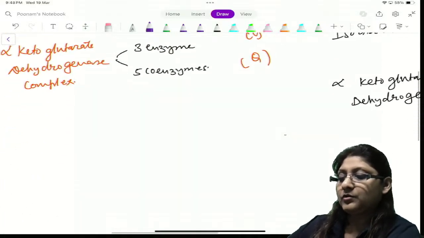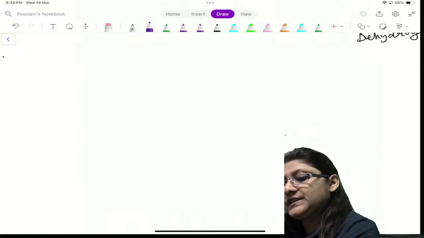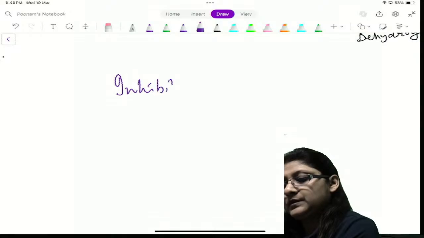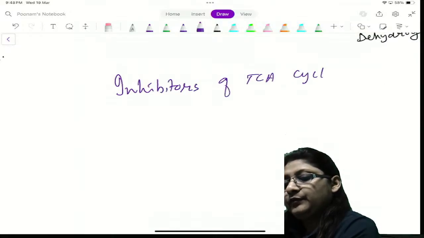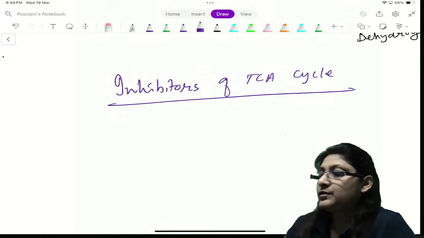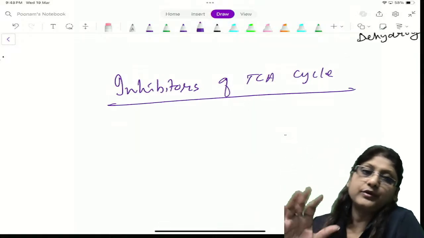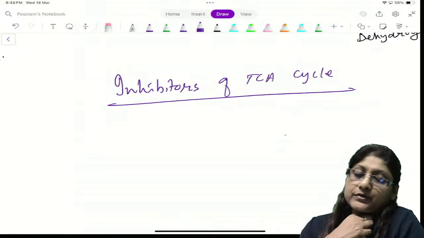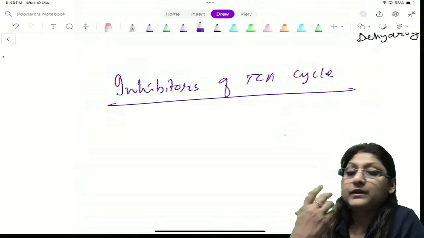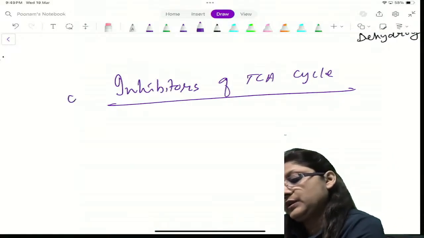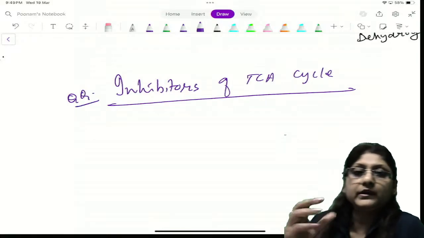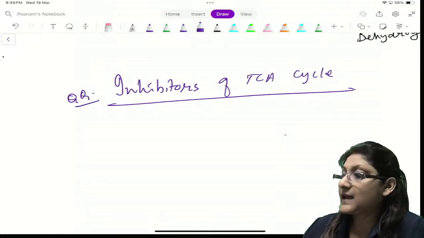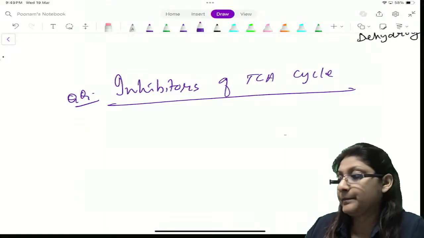Now, when we talk about the inhibitors of the TCA cycle, we have three varieties of inhibitors which are going to inhibit the TCA cycle reaction. So you must know them all, because very frequently they target you in your exam, asking what all inhibitors are there and which exact enzyme is going to get inhibited by them.